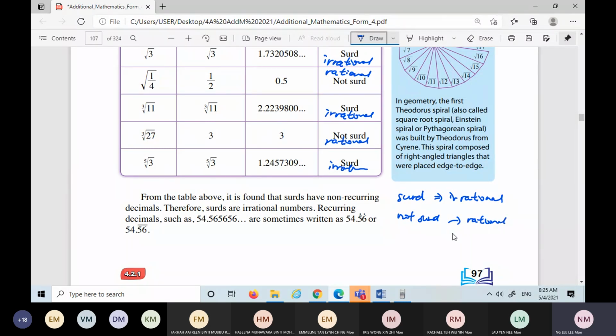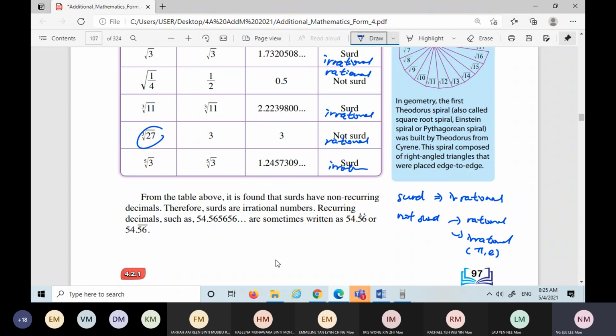But except these two. I got two numbers here that are not surds, but not rational numbers, which are pi and e. But pi and e are impossible for you to write in this form. So from the table above, surds have a non-recurring decimal. Therefore, surds are irrational numbers.